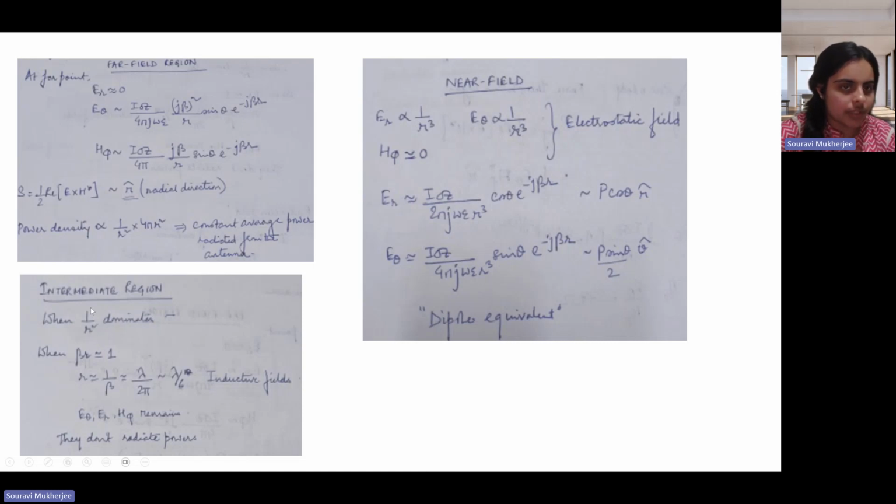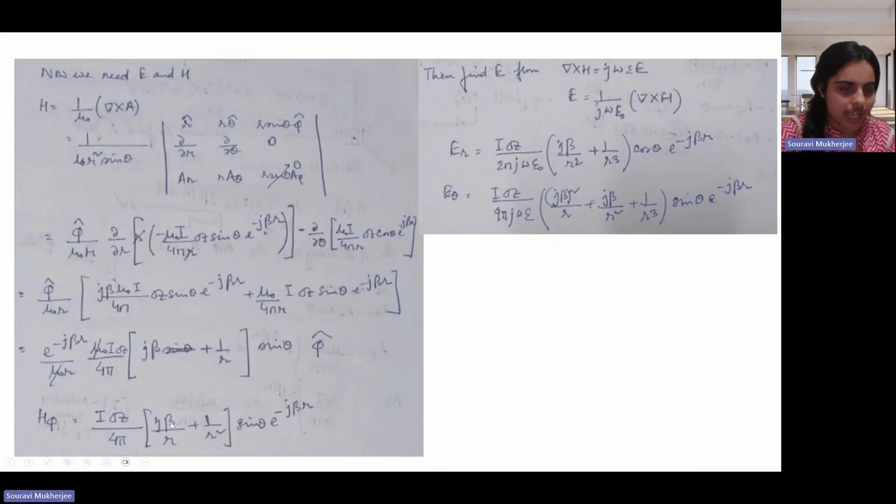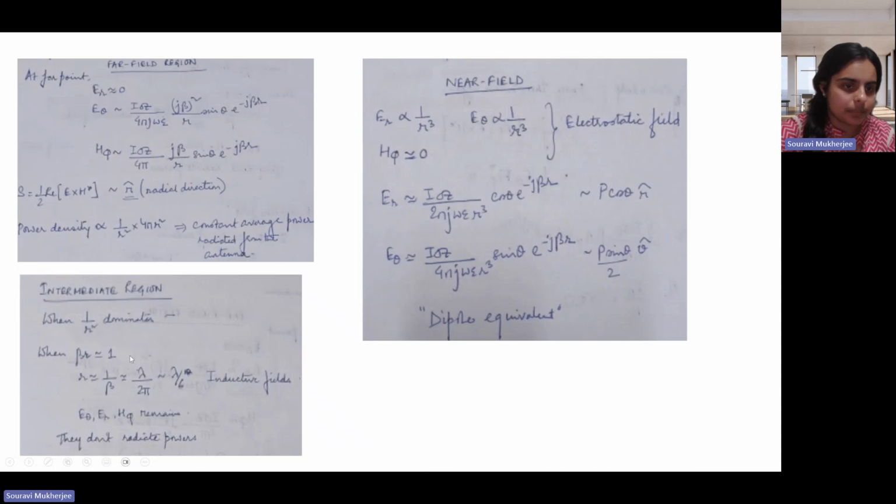Okay. So when will this case be? If you look at this expression, there's a competition between these two terms, right? So if you multiply by r below and above in this term, then beta r by r square plus 1 by r square. That's how we will get it, right? So for this term to dominate, your beta r should be comparable to 1. Only in that case, your 1 by r square term will dominate.